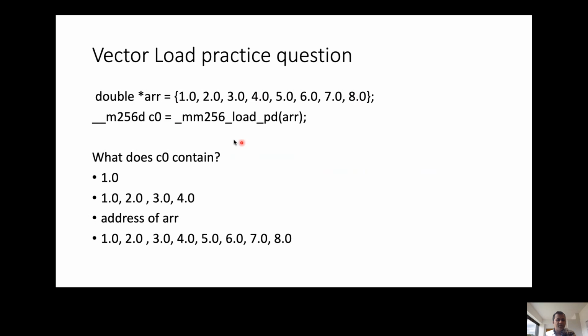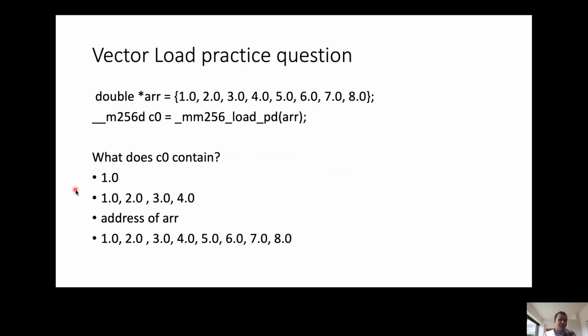There are 8 elements here, and we call the load function and provide the address ARR. The name of the array is the address in C. It's a one-dimensional array. So what does C0 contain? The options are 1 element, or 4 consecutive elements, or C0 contains the address of ARR, or C0 variable now contains all of these. So what do you think?